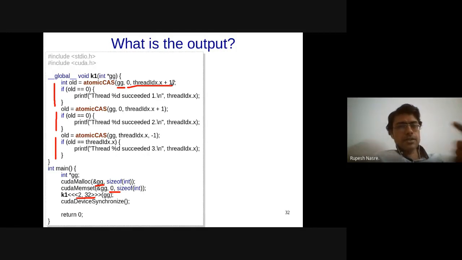Now, this is going to be executed by every thread, but only one thread is going to see the return value to be 0, because every thread is going to update the value to something above 0, right? That's why thread ID x plus 1. And therefore, exactly one thread out of these 64 will succeed in executing the atomic CAS, and therefore old equals 0 is going to be true for 1, and that thread ID will get printed. So that seems to be fine.